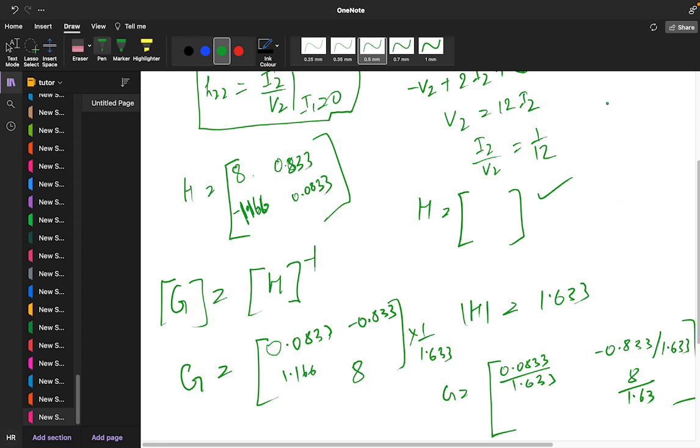So we got the Z parameter, we got the Y parameter, we got the H parameter, and the G parameter.